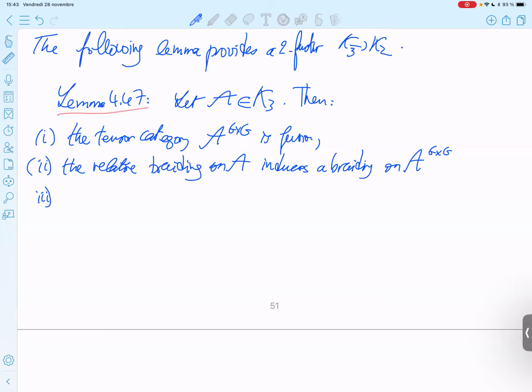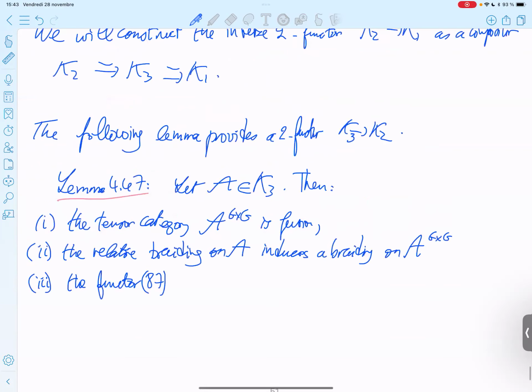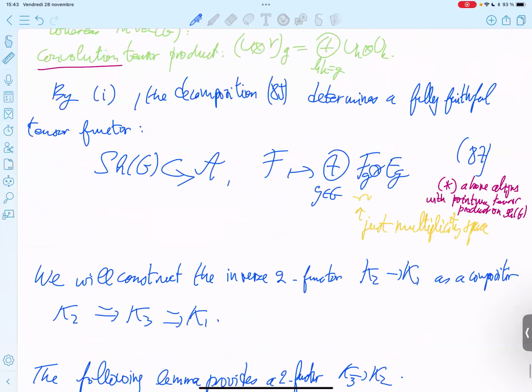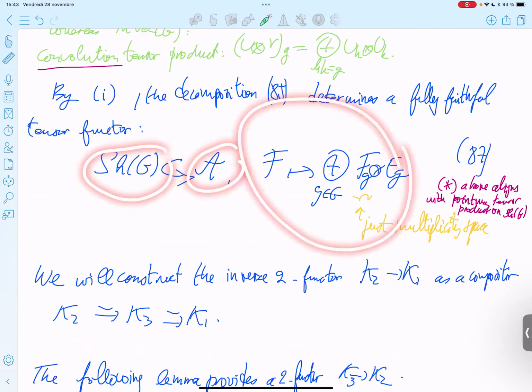And third, the functor 87, which is here, yeah, this functor, the embedding of sheaf G in A.